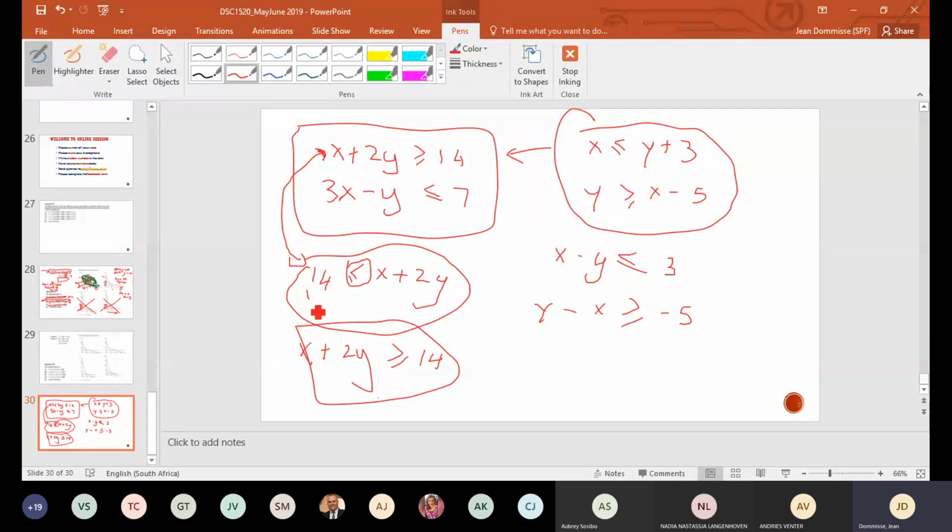But remember these two cases: if you bring everything to the one side, what this is also saying to me is x plus 2y is bigger than or equal to 14, and this one says exactly the same, so that you don't rewrite it wrong when you bring it over. Okay, so that is just a tip for tomorrow, if they do something like that.